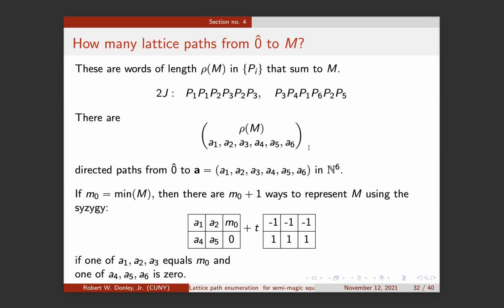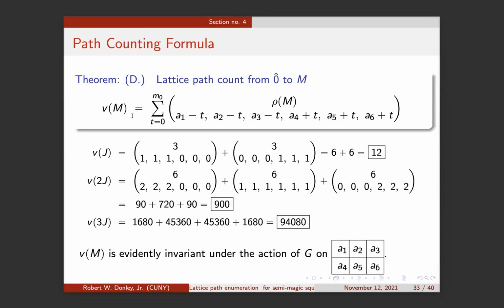But I can't consider just that because we'll get contributions also from all the other representatives. We've enumerated those, though, by just counting all the ways we can downshift from the unique representative. And so that's going to give us a sum. And so this is our formula for lattice path counting in the space of semi-magic squares of size 3.